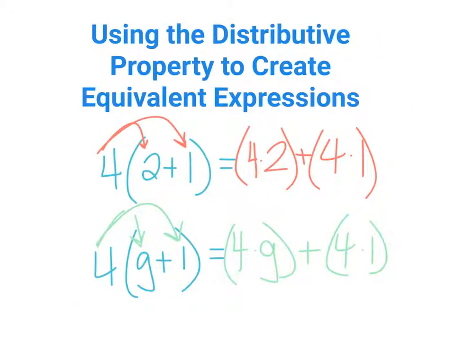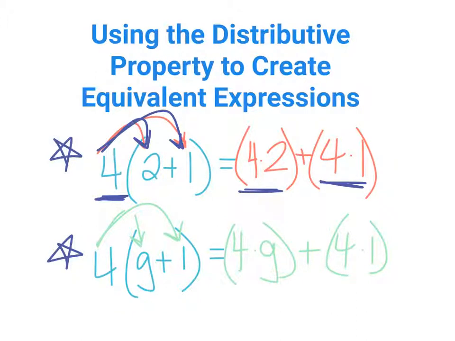So again, remembering that when you're working with the distributive property, you have to think about sharing that number that's in front with whatever is inside your parentheses to create an equivalent expression. Whether you're working with a numerical expression or an algebraic expression, you're still using that same format of finding an equivalent expression using the distributive property.